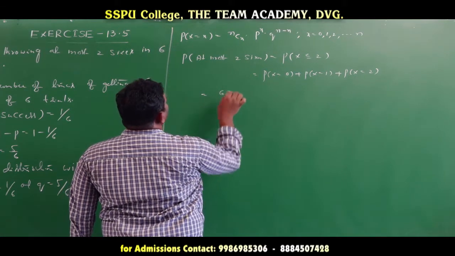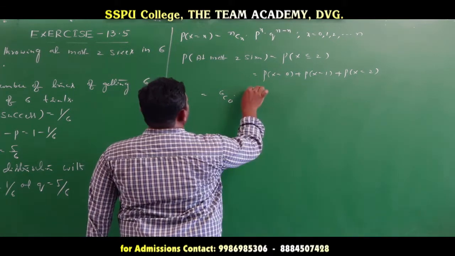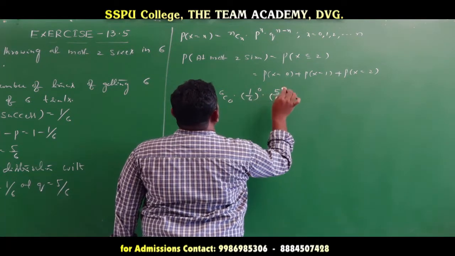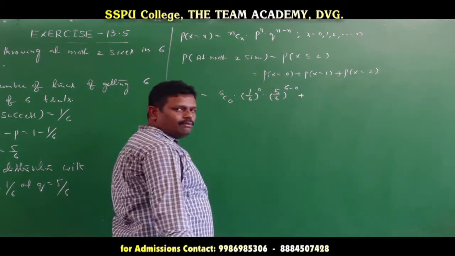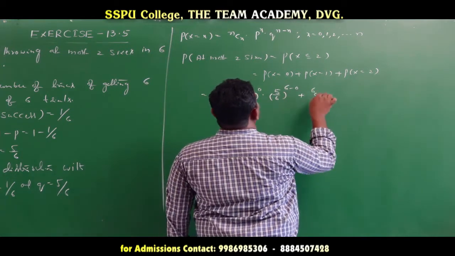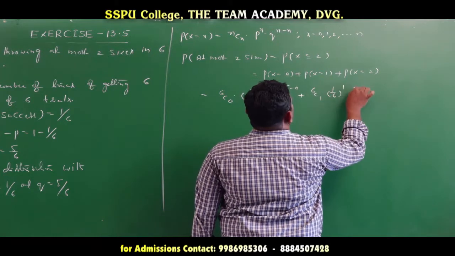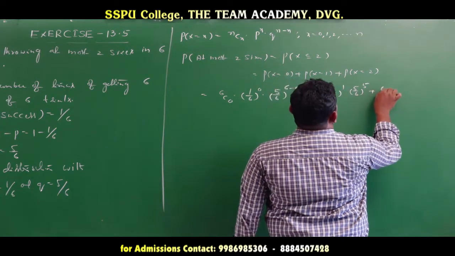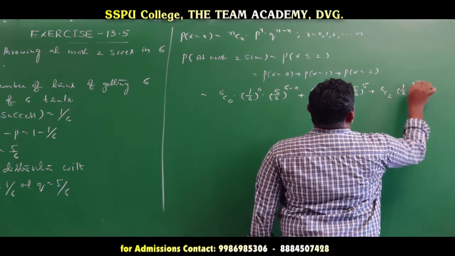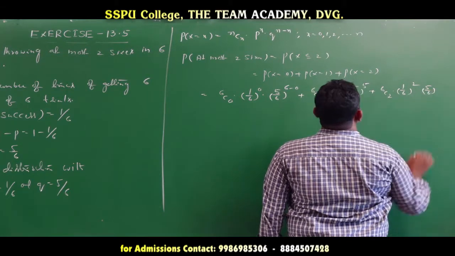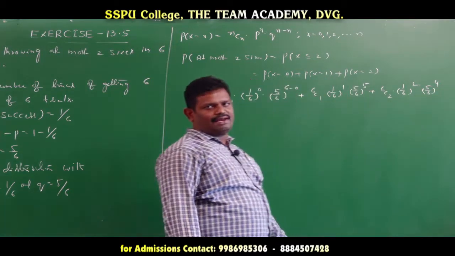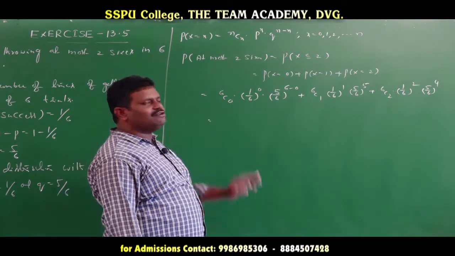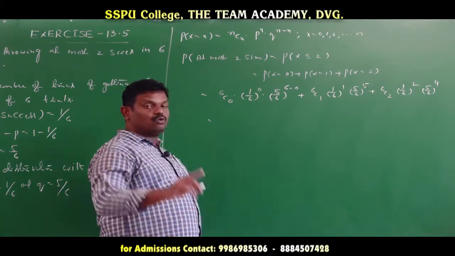So 6C0 into (1/6)^0 into (5/6)^(6-0), plus 6C1 into (1/6)^1 into (5/6)^(6-1), plus 6C2 into (1/6)² into (5/6)^(6-2), that is 4. Now we simplify. This value is equal to 1 and this value is equal to 1. So now we have (5/6)^6.